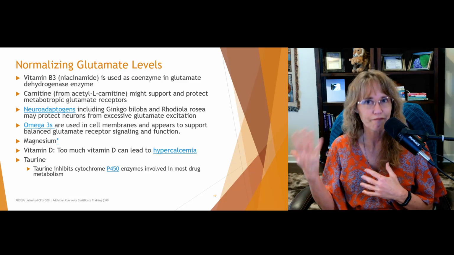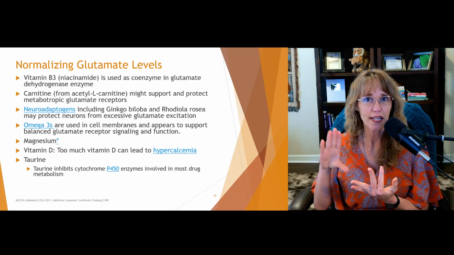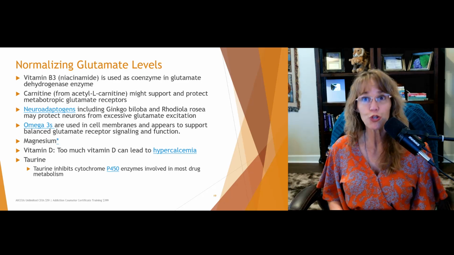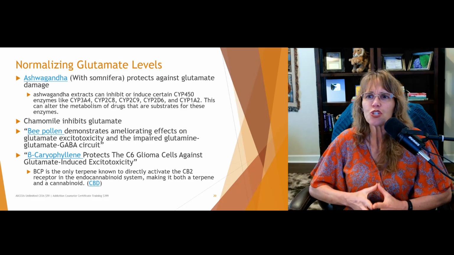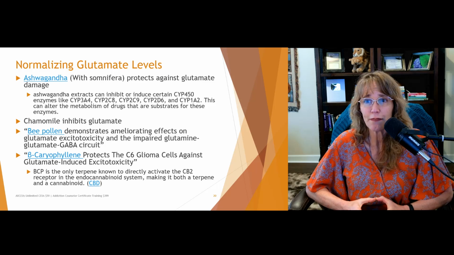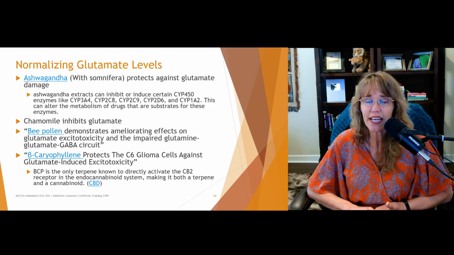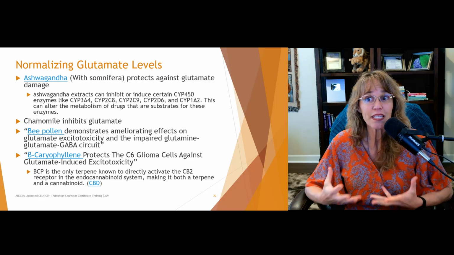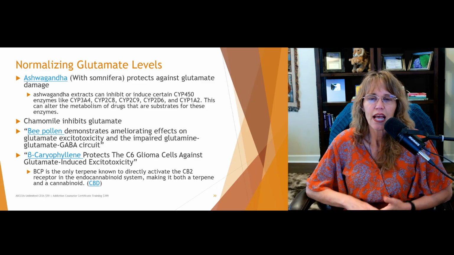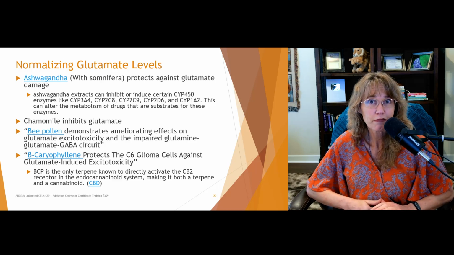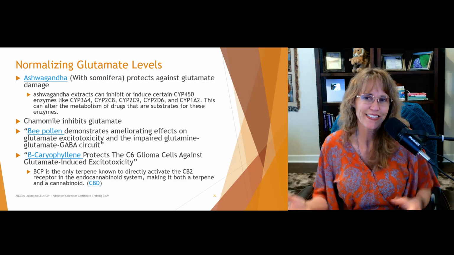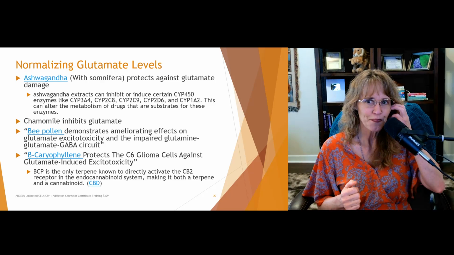For example, SSRIs or your statins or your high blood pressure medications. So again, too much is a bad thing. Ashwagandha protects against glutamate damage. It can modulate certain of the cytochrome P450 family enzymes. Chamomile inhibits glutamate. Well, we all have heard about if you're stressed out, drink chamomile tea. Well, that's why. It inhibits glutamate release.